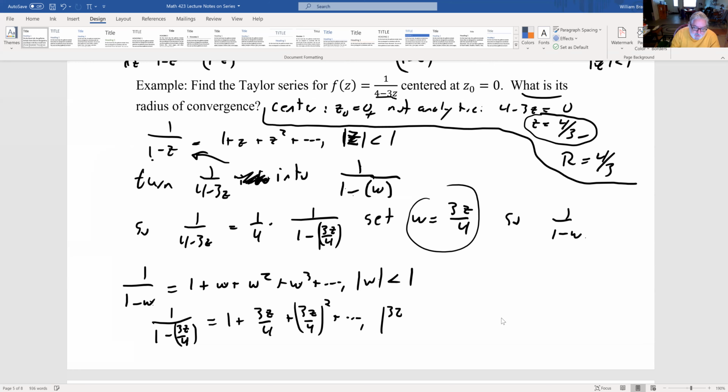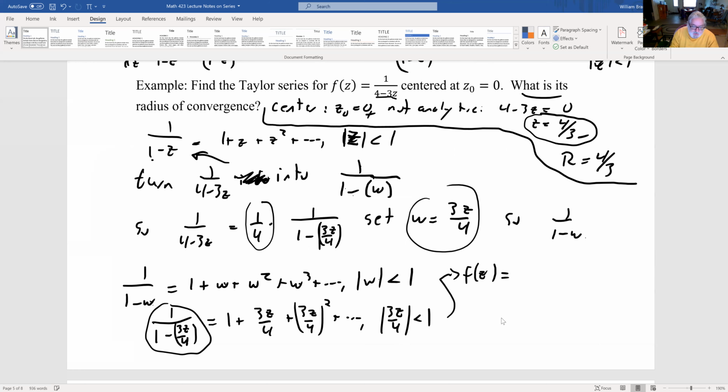And don't forget to plug it in for the radius. And so you get that. Great. So we're almost done. The function is 1/4 times this thing.